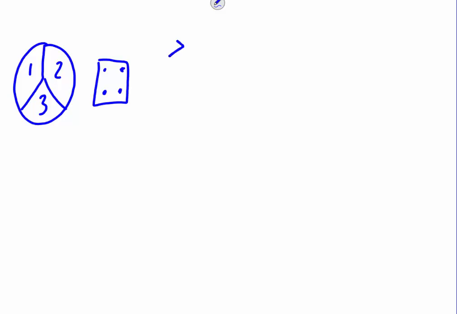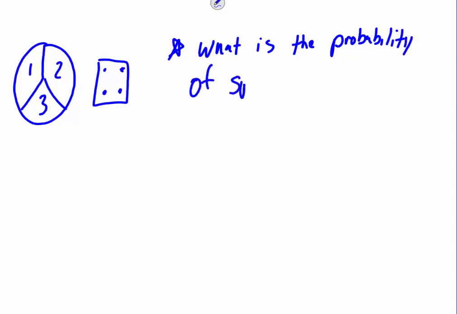So question number 1 is going to be, what is the probability, that's such a long word, of spinning a 2 and rolling a 4.